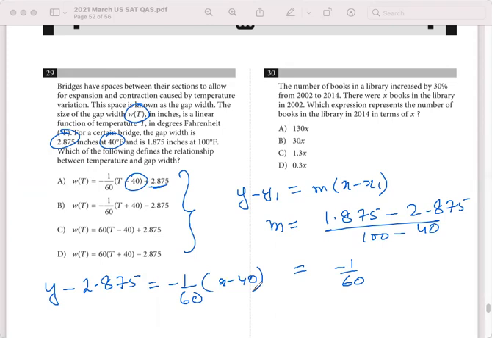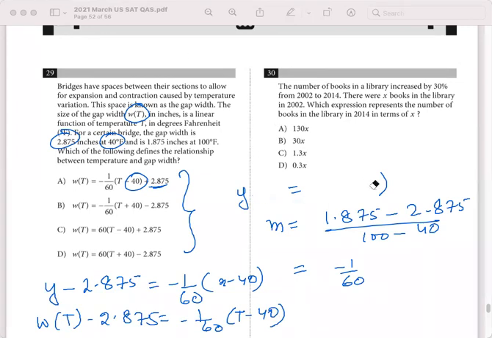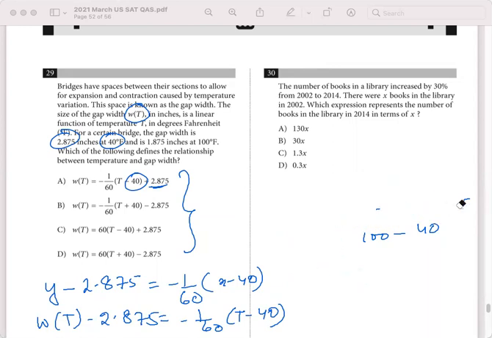And now I'll replace y with Wt and x with t. So Wt minus 2.875 is minus 1 by 60 into t minus 40.